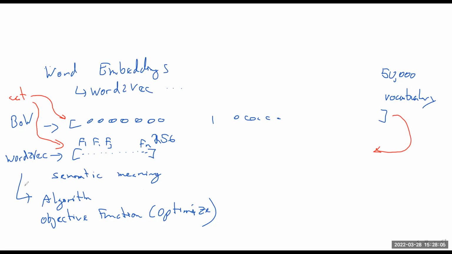Well, as it turns out, BERT, let's say, has a similar objective. But it's much more powerful. So what this means is, in the bag of words approach, as I said, you had vocab size, very big, 50,000.